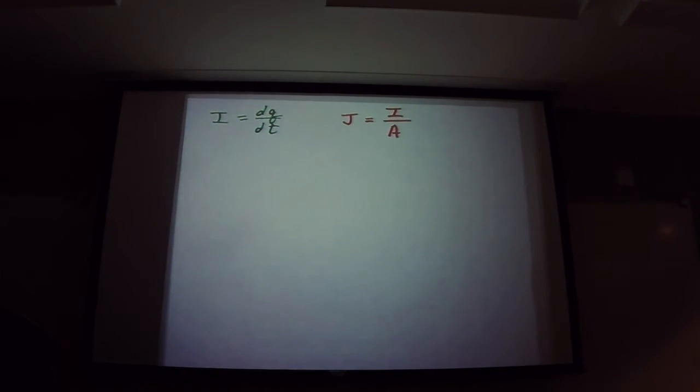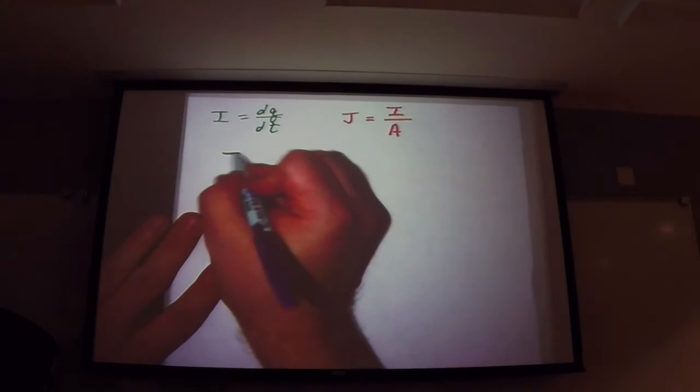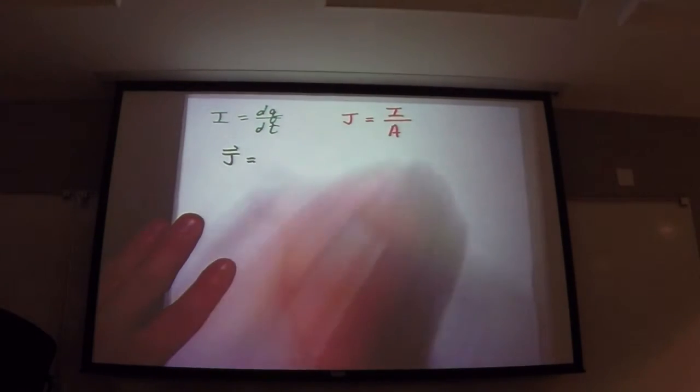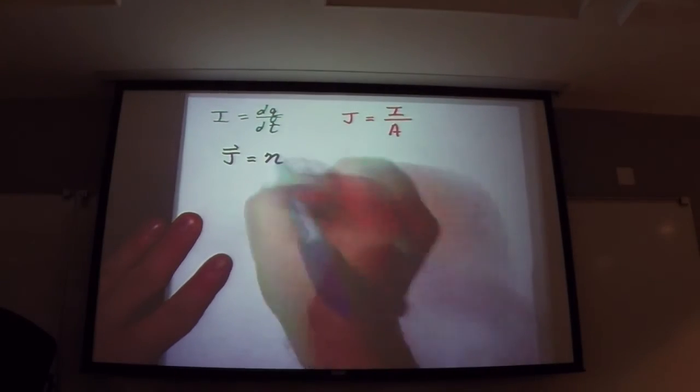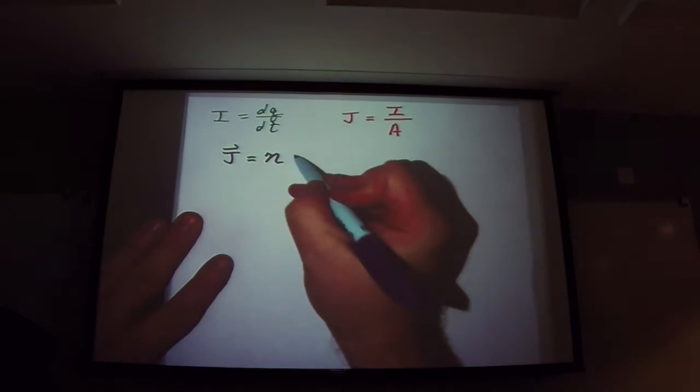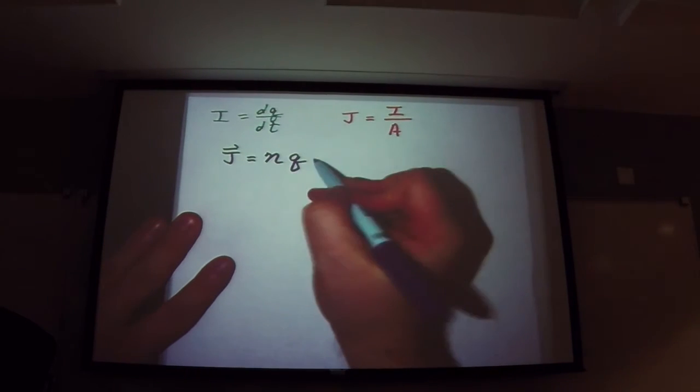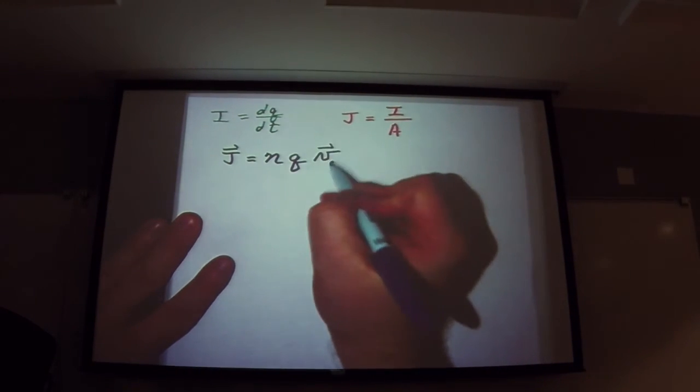And we talked about in the microscopic view, the current density is equal to the concentration of charge carriers multiplied by the charge of each one, multiplied by their average drift velocity.